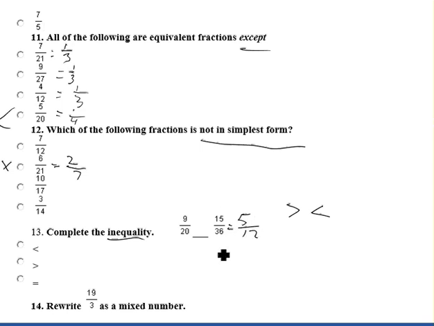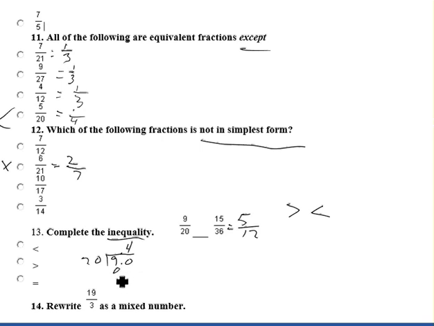If I had a calculator, I could go 9 divided by 20 and 5 divided by 12. But I don't have a calculator, so I'm going to have to do old standard math. 20 goes into 9. It doesn't. Bring the decimal. 20 goes into 90 4 times. 4 times 20 is 80.